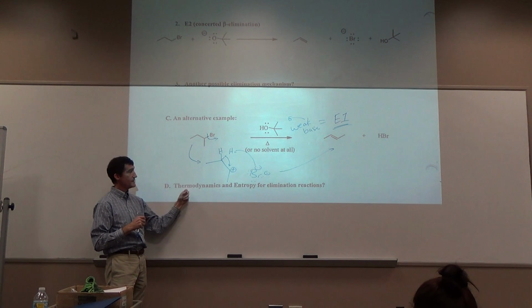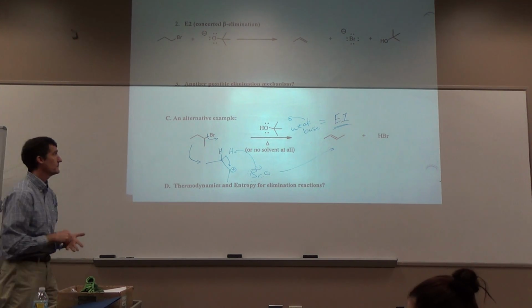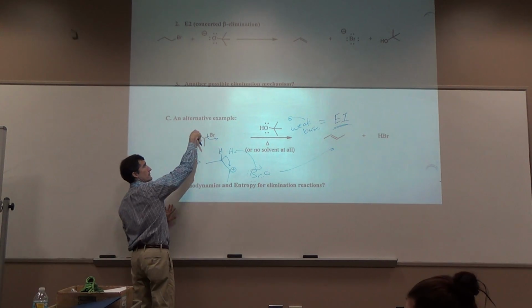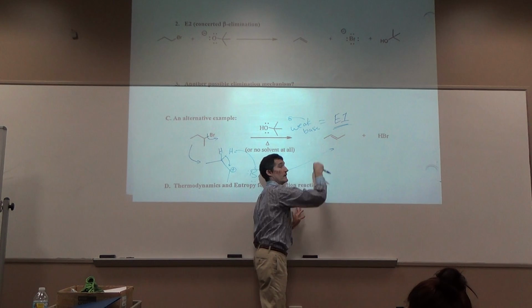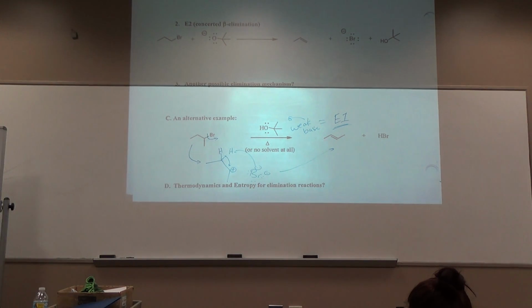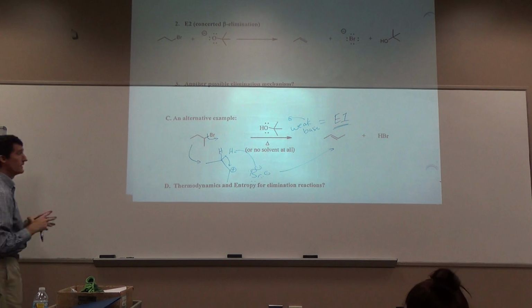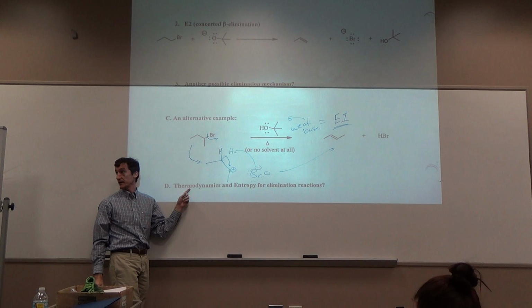Is it thermodynamically favored? We can pull out our calculations. But what are we doing here? We're going from two sigma bonds, a sigma bond to H and a sigma bond to bromine. What are we making? A pi bond. Is a pi bond stronger than two sigma bonds? No. Thermodynamically, it's not favored if you do a calculation.